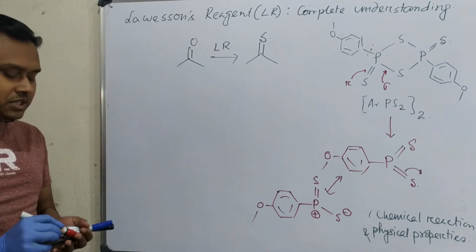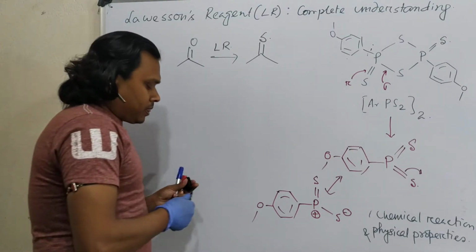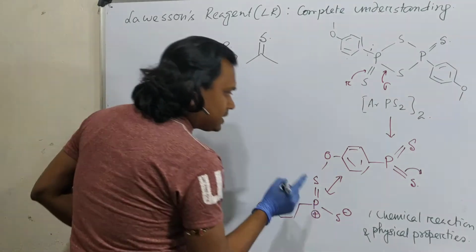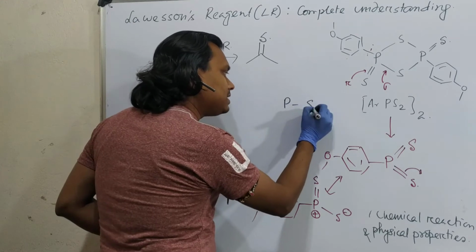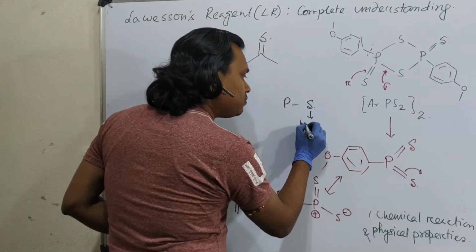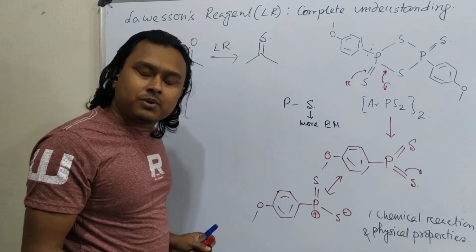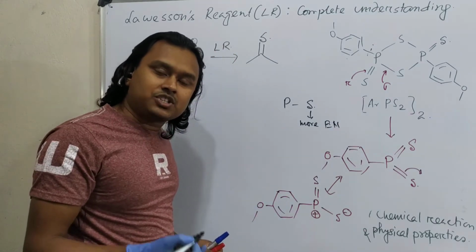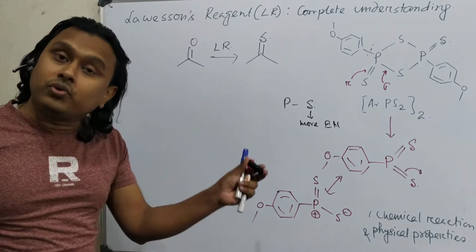Now there is something interesting you need to understand. See, if you look at the electronegativity series, first phosphorus then sulfur, so sulfur is more electronegative, so consequently we can expect sulfur will be delta negative, and phosphorus is expected to be delta positive when they are bonded together.